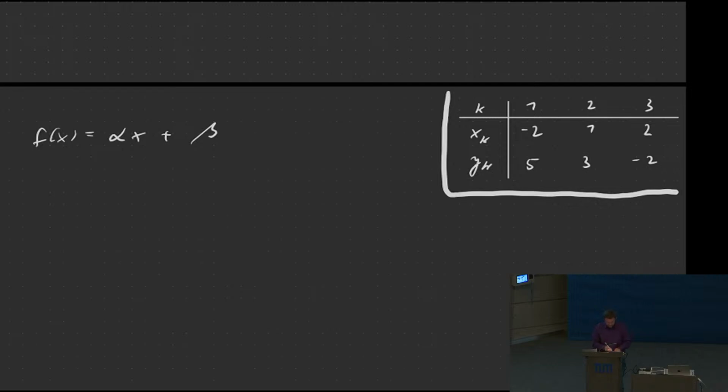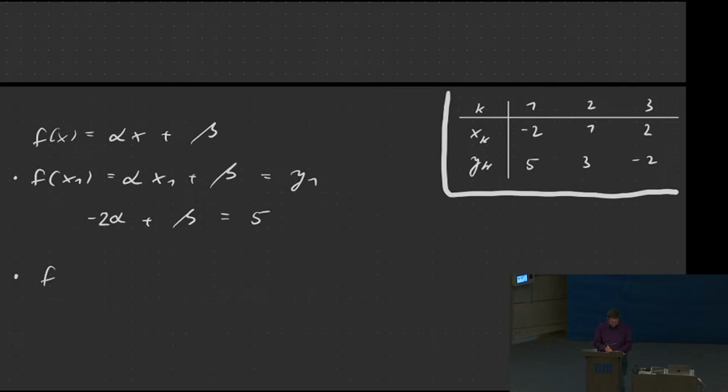If we just put in those values that we have here, so we know that f of x1 must then be alpha x1 plus beta, and f of x1 is y1, right? That's given. So here's x1, here's y1. And if you put in those values, what we get is alpha times minus 2, that's x1, plus beta equals 5, that's y1.